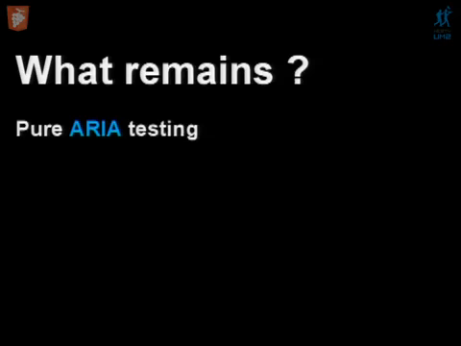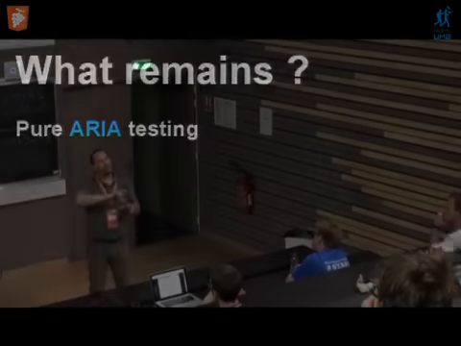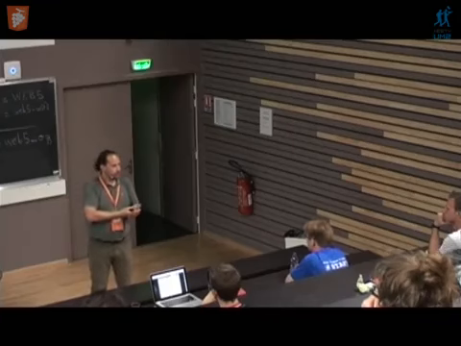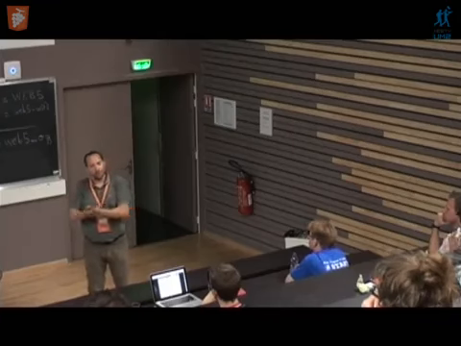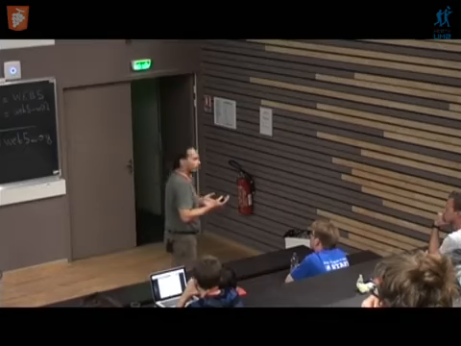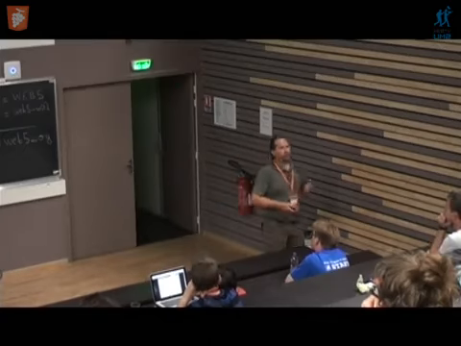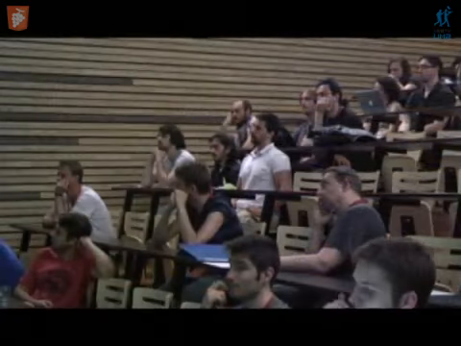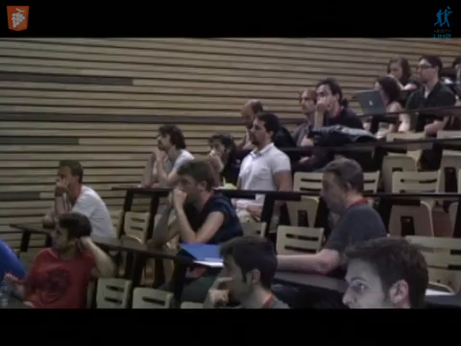Okay. And what remains? We did all that a tool could automate from the accessibility point of view about the test on the web applications. But there is something else, something that remains. That part that remains is the ARIA part. What is ARIA? ARIA stands for Accessible Rich Internet Applications. ARIA is a superset of HTML.